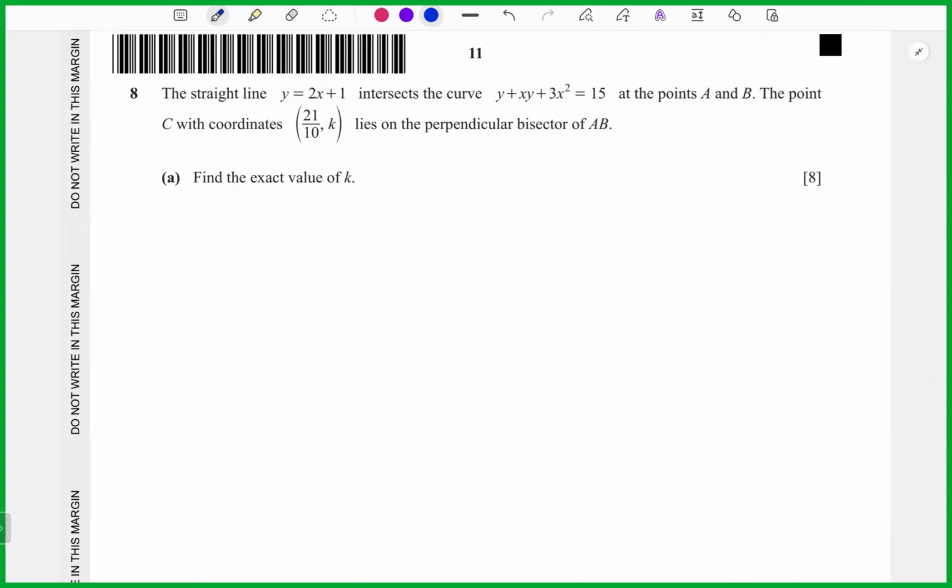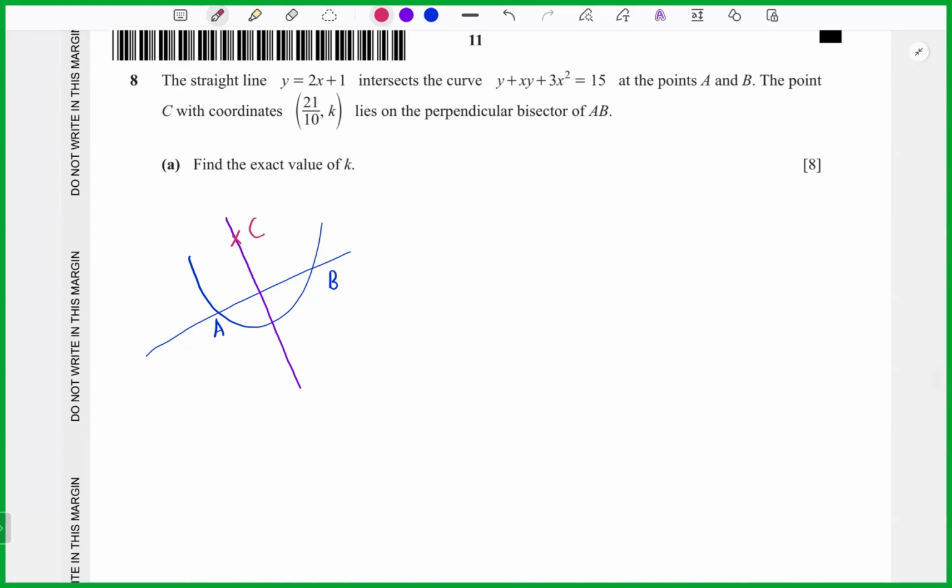Okay, it means this is your curve, and then you have the straight line that will intersect here at A and B. The point C lies on the perpendicular bisector of AB, so I draw this perpendicular bisector, and then this is your coordinate C. I try to imagine it this way. Part a: find the exact value of k.